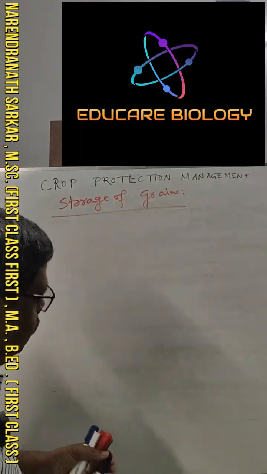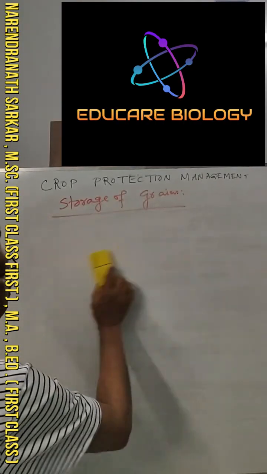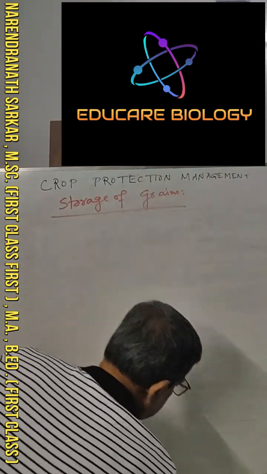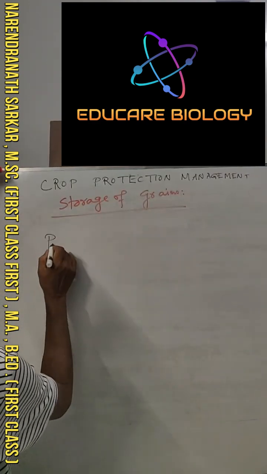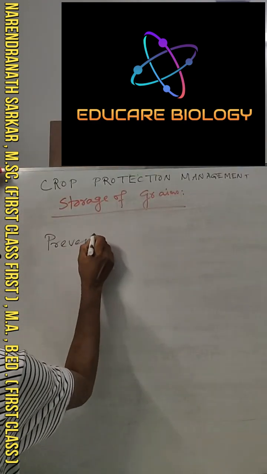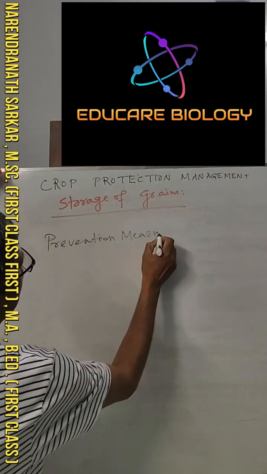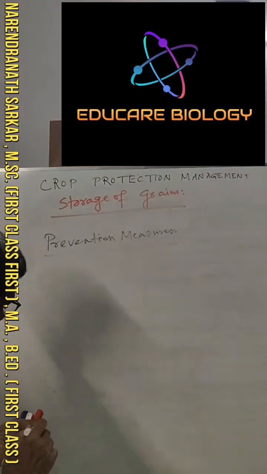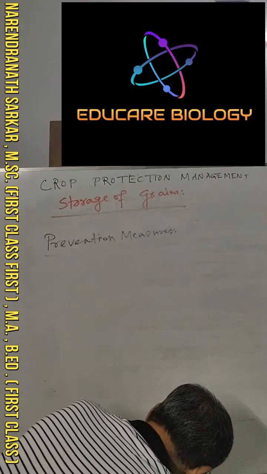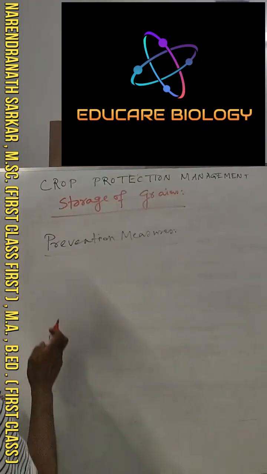Now, food grains, first prevention measures. What are the prevention measures of food grain?